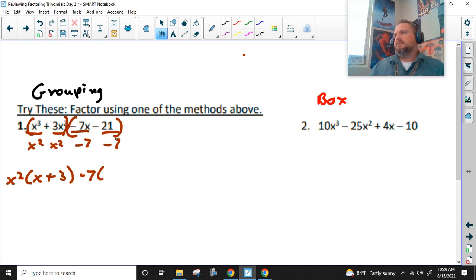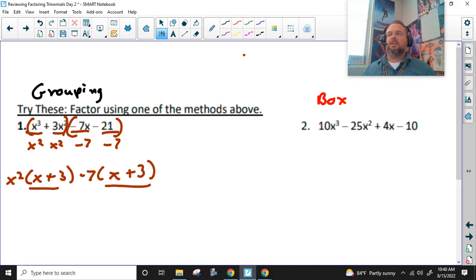And there's no other x's, so that's what we would do. So a negative 7 divided by a negative 7 is a positive 1, so we're left with just x. A negative 21 divided by a negative 7 is 3. All right. Does our leftovers match? Yeah. So we knew we did it right.